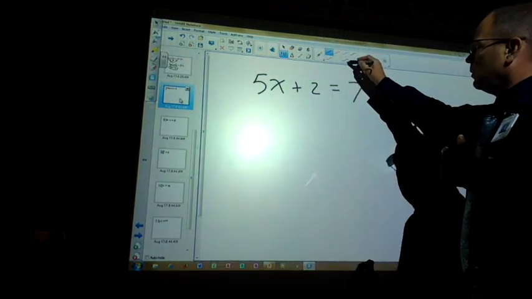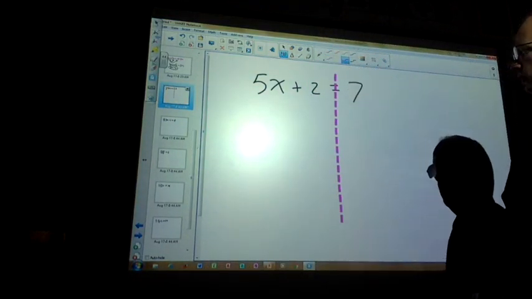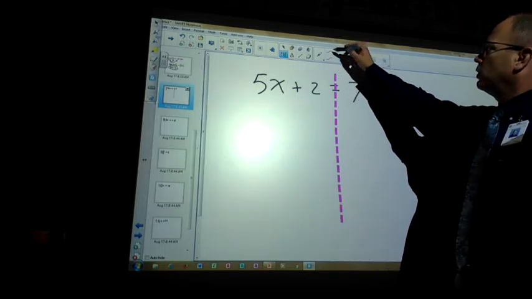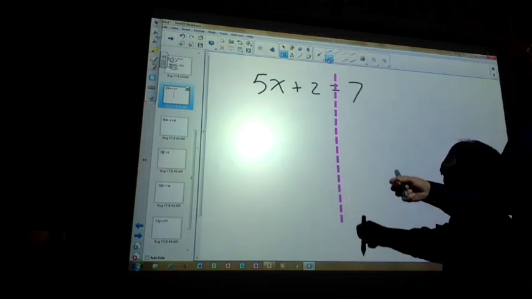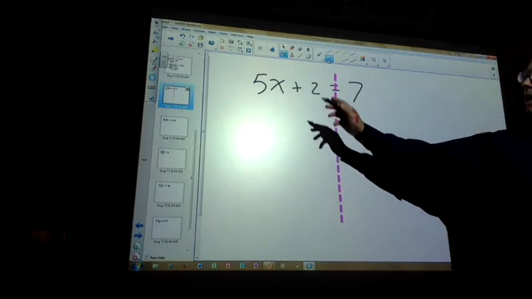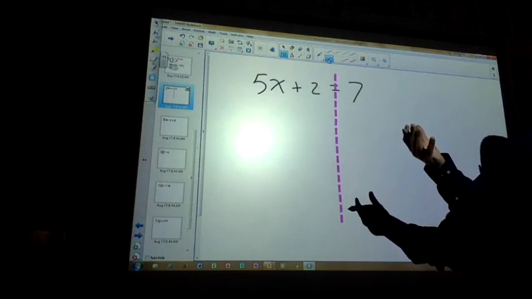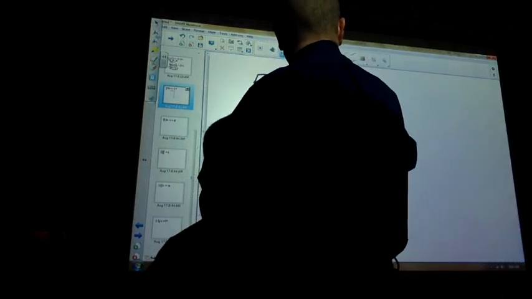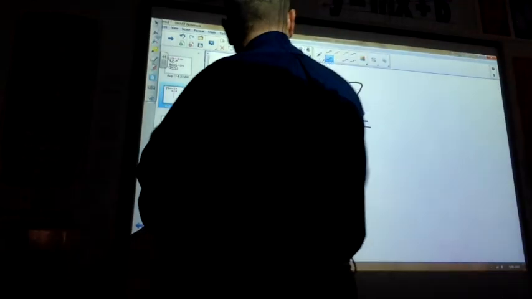So, what you do to one side of the equal sign, do you do to the other? So I'm going to draw that vertical line in there. That's going to represent the, what sign? Equal sign. What do I do to one side of that, I have to do to the other. Still with me? Okay, so I want x to get along. So I have 5x minus 2. So I'm going to start, and I'm going to subtract 2 from both sides.